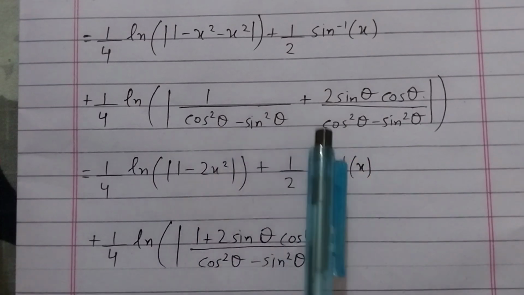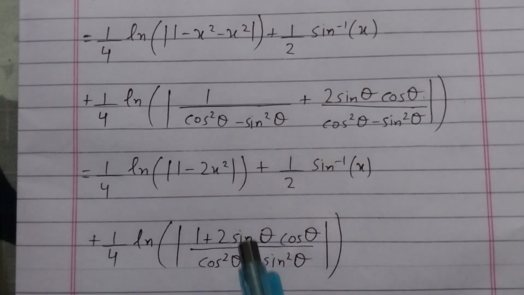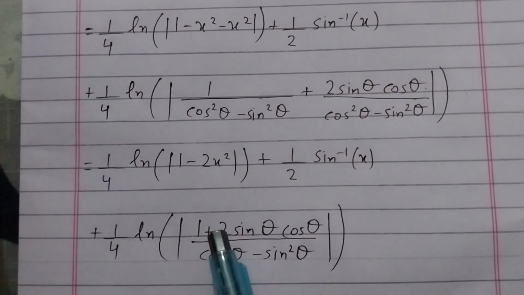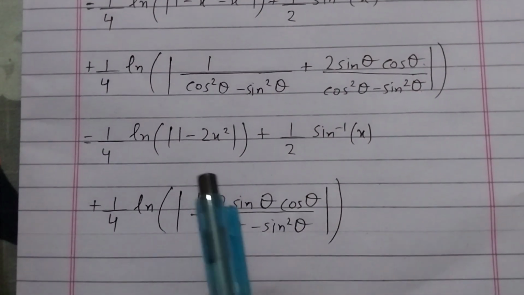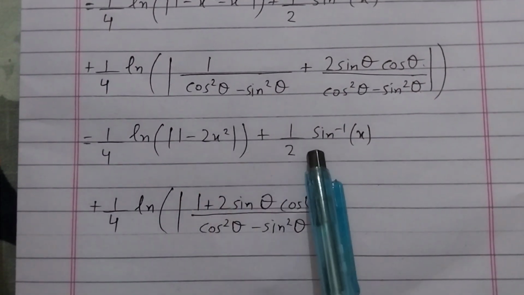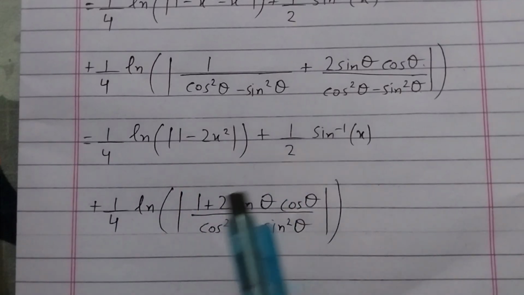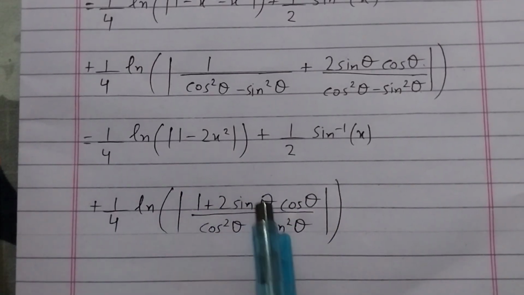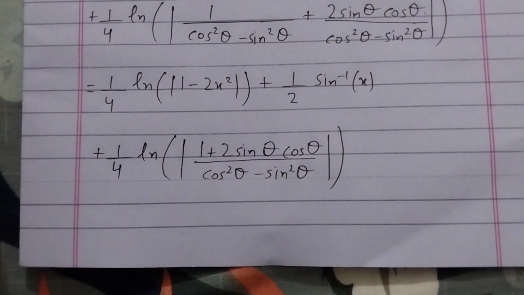Both the fractions have the same denominator, cos squared theta minus sine squared theta, so this will be the LCM, and the numerators will be added, so 1 plus 2 sine theta cos theta. So these two terms are already in the form of x. We just now need to put the values of sine theta and cos theta in this term to get our final answer.